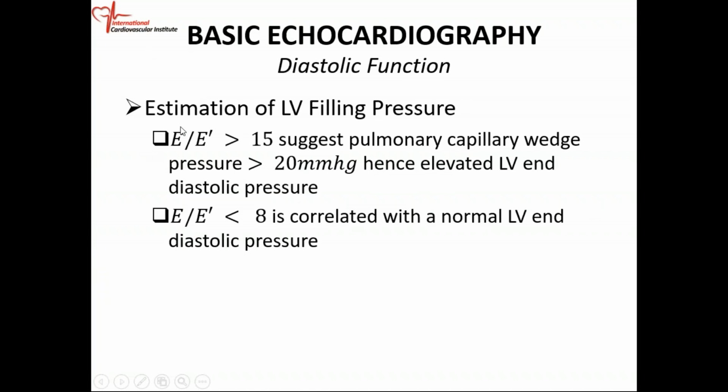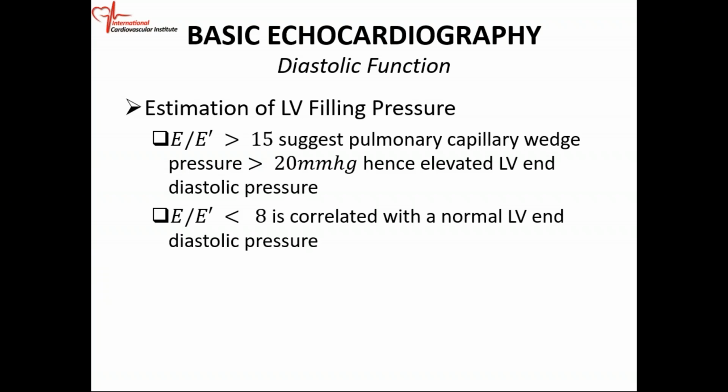Okay, again, we mentioned that E/E prime tells you about the filling pressures. Okay, when someone goes into heart failure, one of the earliest things that happens, and let's just look at the left side of the heart, is an increase in the left ventricular filling pressures, that is, an increase in the LV diastolic pressure and hence the left atrial pressure.